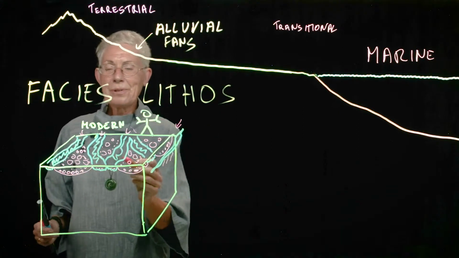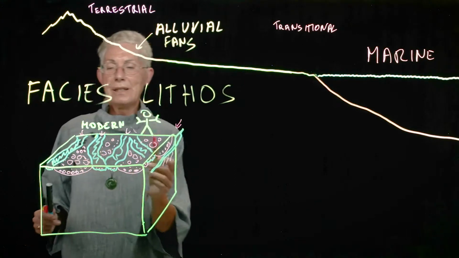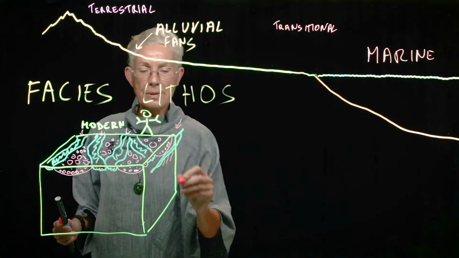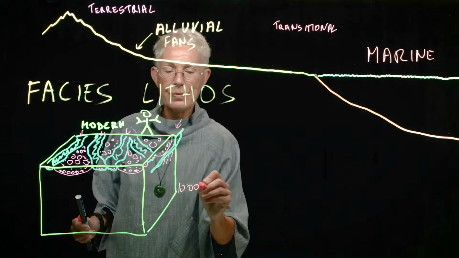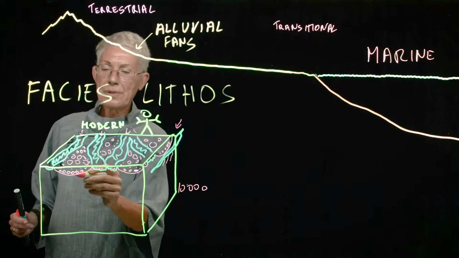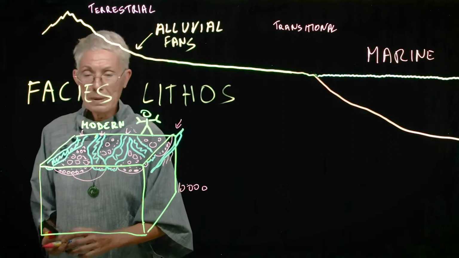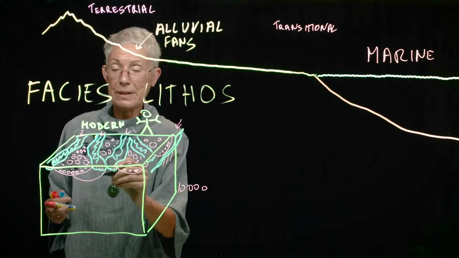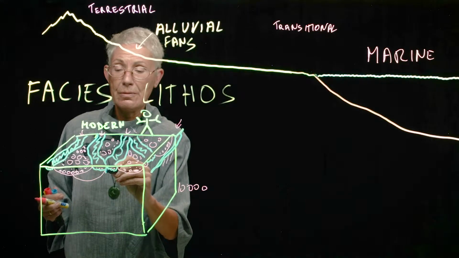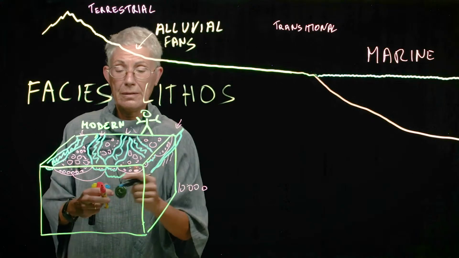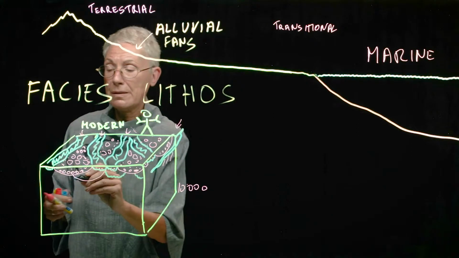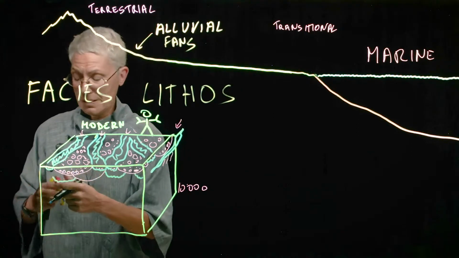Anyway, I also told you that this keeps shifting in time. So this is modern and this is 10,000. So maybe like 1,000 years ago, the channel was somewhere else and bars were also somewhere else. So channels maybe here, maybe here, maybe here.